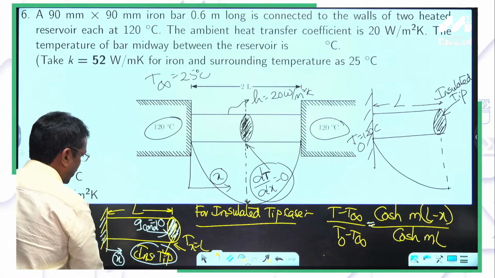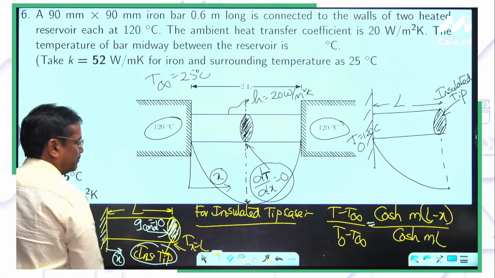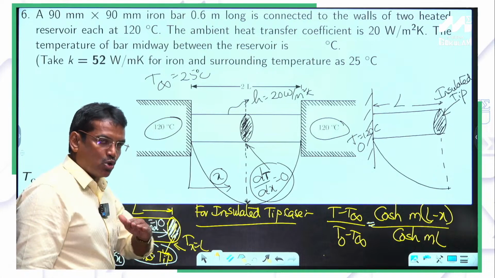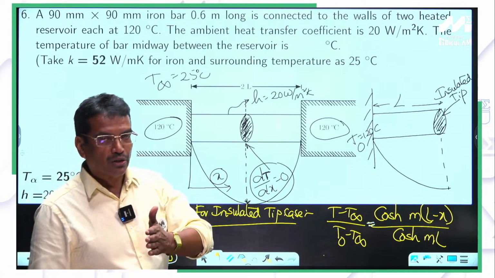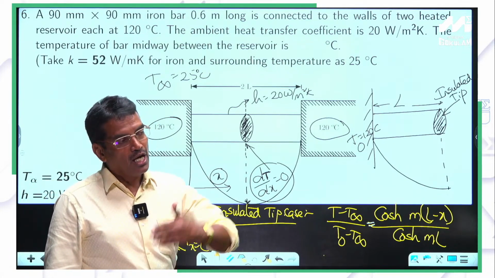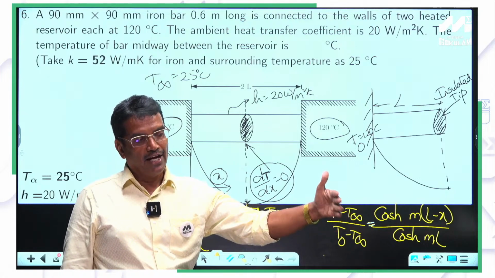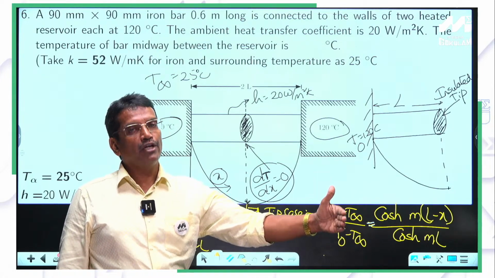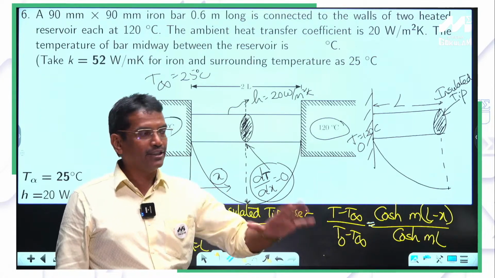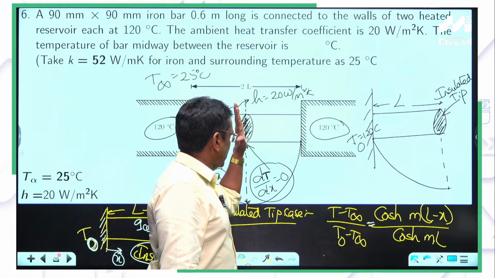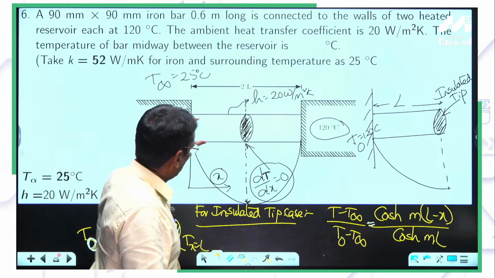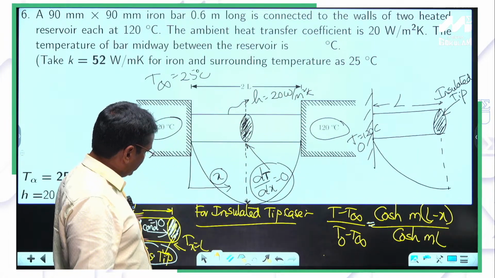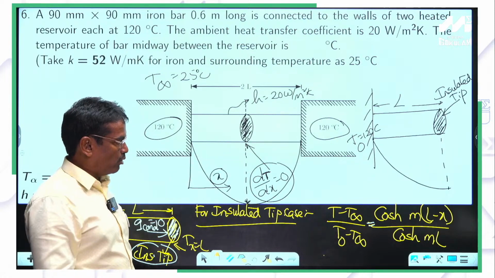This is called the root temperature. This is called the tip temperature. Any fin has two limits for x: one at the root, where the temperature is T0, the other at the tip of the fin, where the x value is L. L is the length of the fin. I just cut it here and remove that portion. Now this will look like this, and this is an insulated tip case problem.